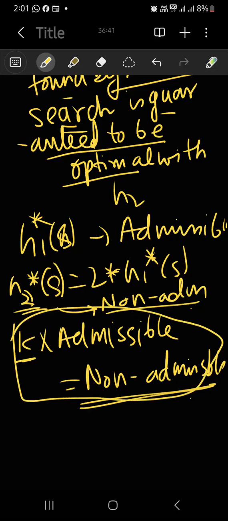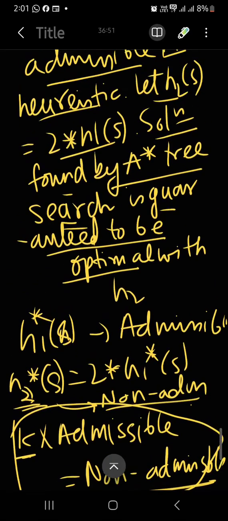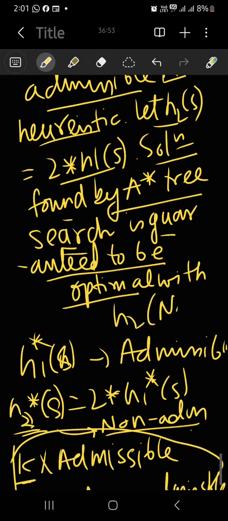So 2 into any admissible heuristic will make that heuristic non-admissible, and we are using this non-admissible heuristic to find the solution. So will the solution be optimal? The answer is no, it will never be optimal. But if it is asking whether the solution is complete, yes, it will be complete, but it will not be optimal, because any non-admissible heuristic can never find the optimal solution.